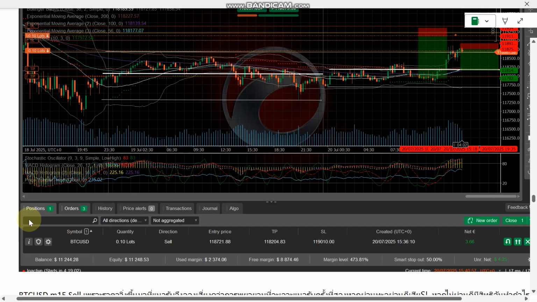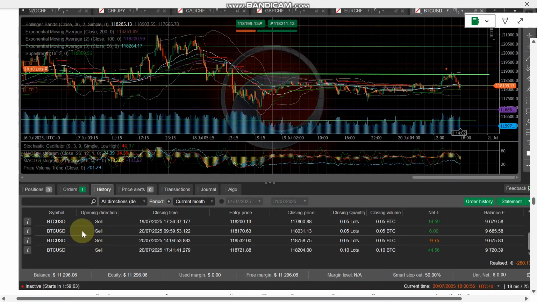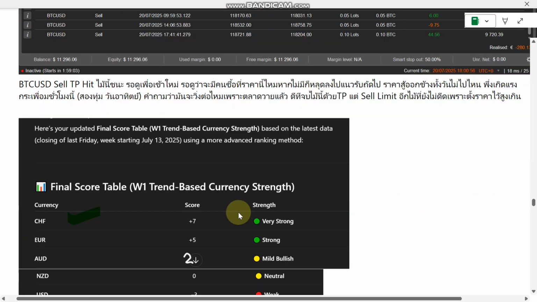The limit orders fill. Sell position. Bitcoin running green. All the history. Bitcoin taking profit. 2 positions, 3 positions, lost 1 position on sell Bitcoin. Success.